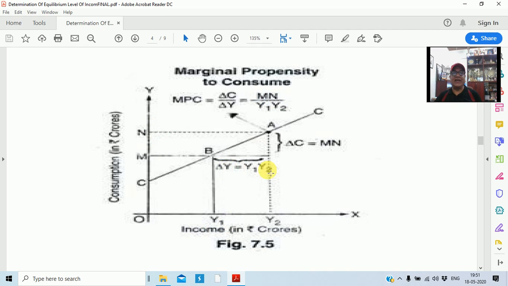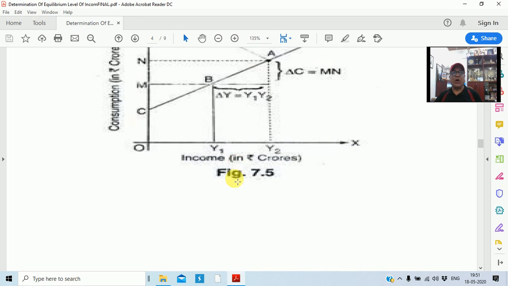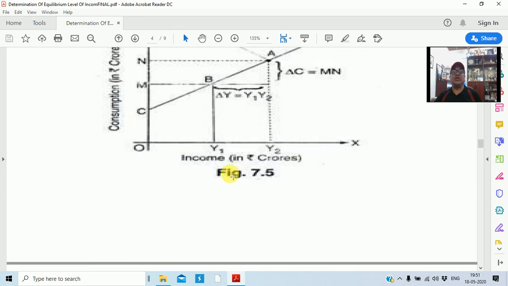This is the delta Y, the change in income, from Y1 to Y2. So what is the MPC? If you shift from point B to point A, the MPC at point A is equal to delta C by delta Y. And delta C is here, the change in consumption M, N. And delta Y is here, the change in income, that is Y1, Y2. This is all about propensity to consume.